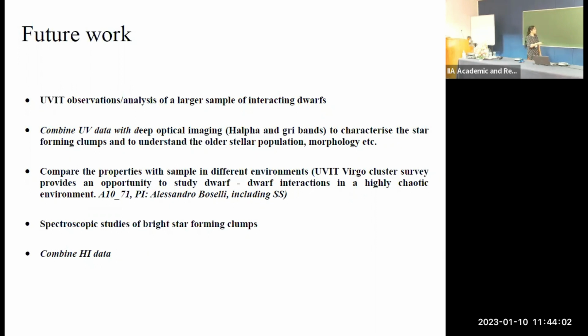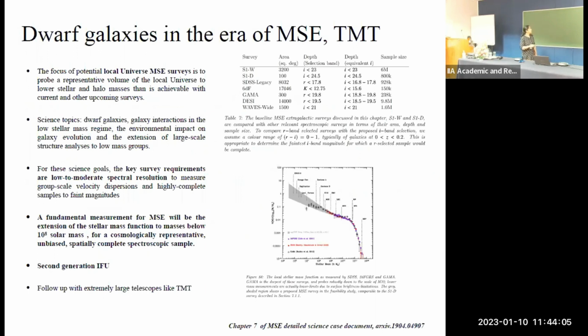So in the context of this meeting, I put 2 slides on dwarf galaxies in the era of MSc and TMT. So the main thing is the MSc surveys focus on the local volume, the representative volume of the local universe.